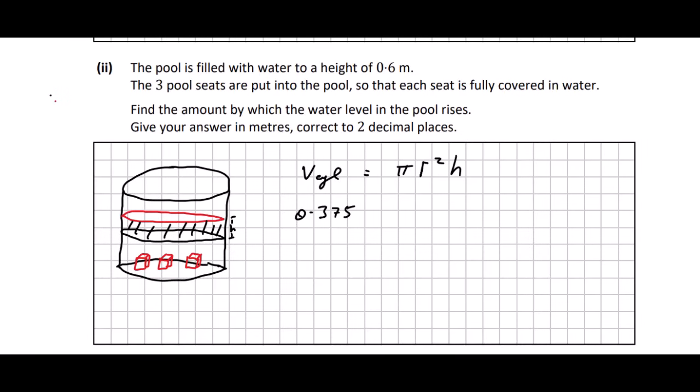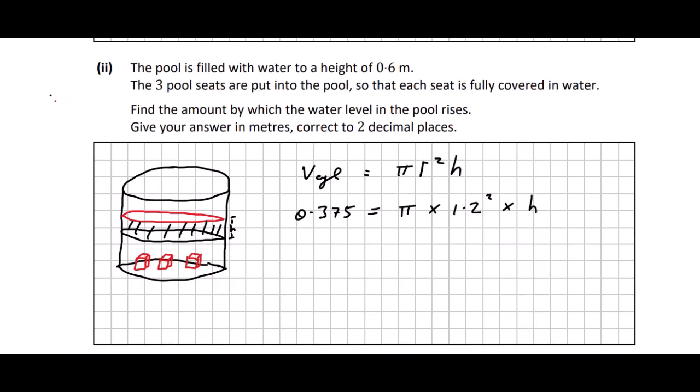So that's going to be the volume of this shaded in part here, this cylinder here. So that's going to be equal to pi times the radius of that cylinder. It's going to be the same as the radius of the entire cylinder. So that's again 1.2. And we've got to work out what h is.